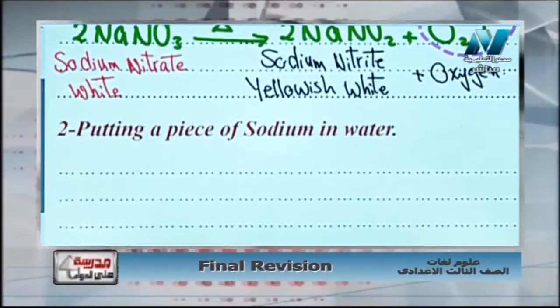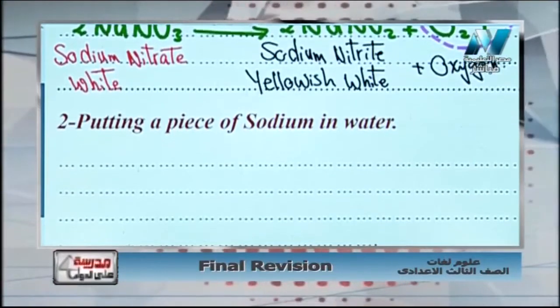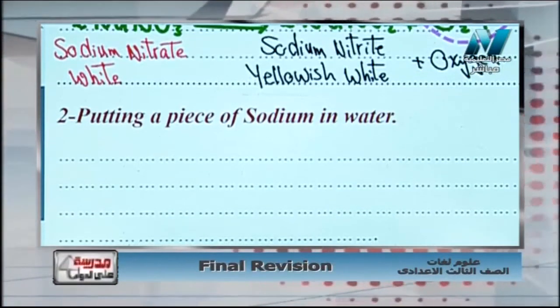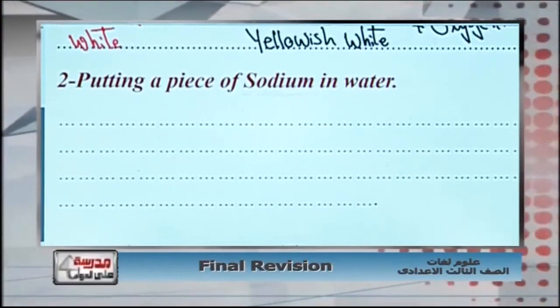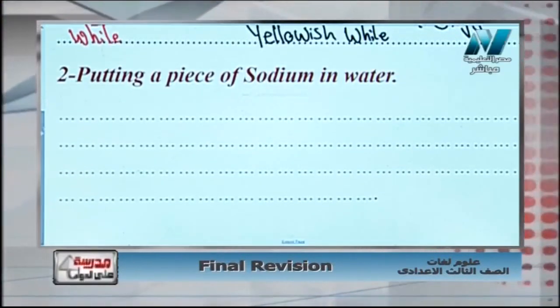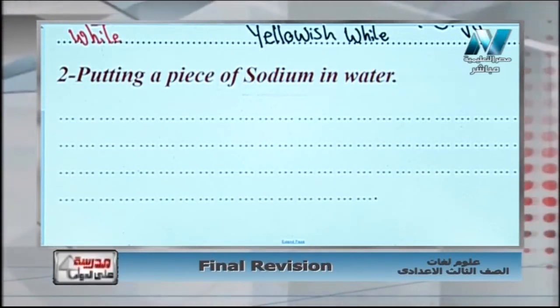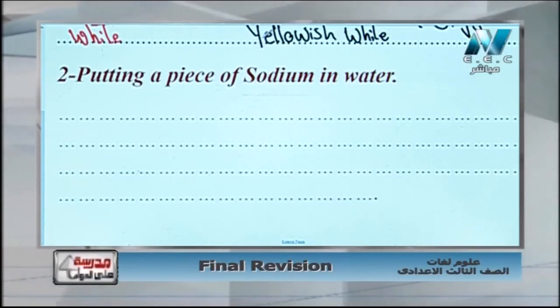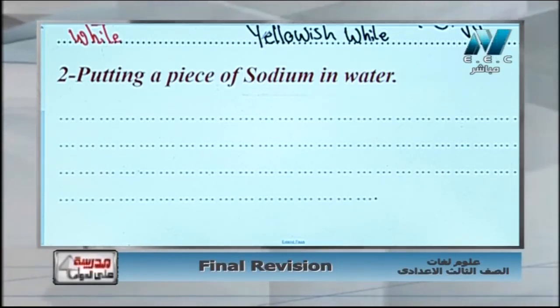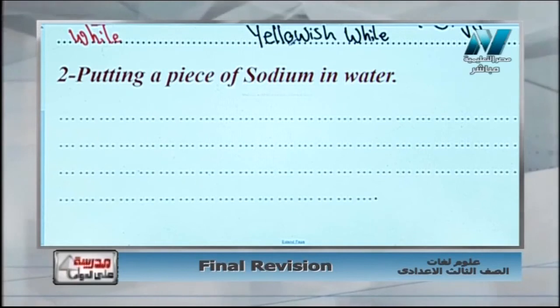Next question is putting a piece of sodium in water. طبعا we studied before this chemical reaction in first prep, خدناها في أولى إعدادي, second prep and third prep. We put piece of sodium, نحط الصوديوم في المية. طبعا we know it produces hydrogen gas burning with a pop sound, but we should write the chemical equation.